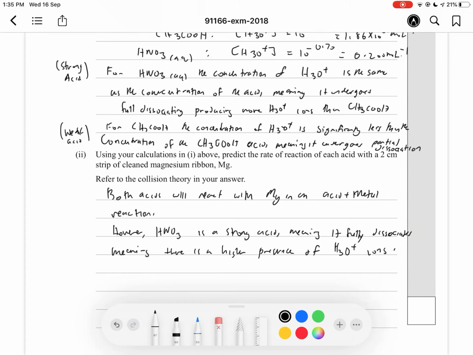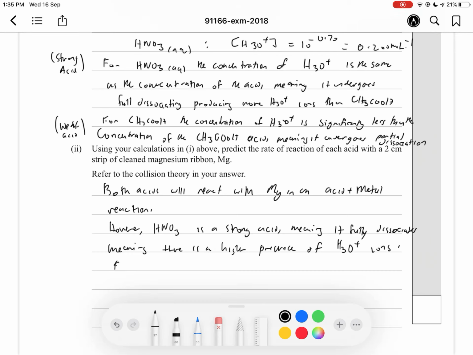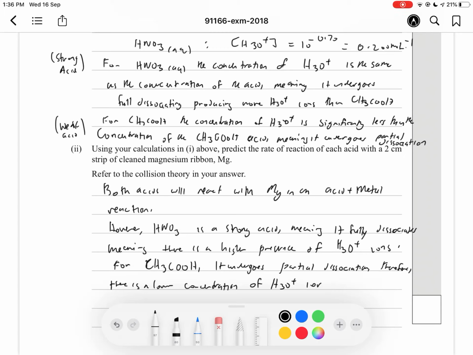And for ethanoic acid, it undergoes partial dissociation. Therefore, there is a lower concentration of hydronium ions.